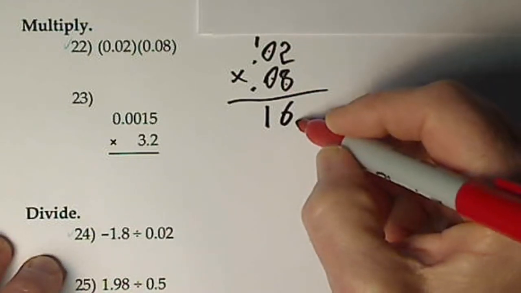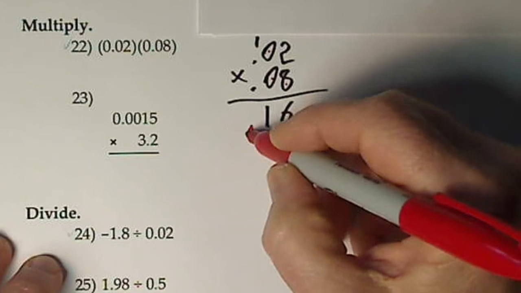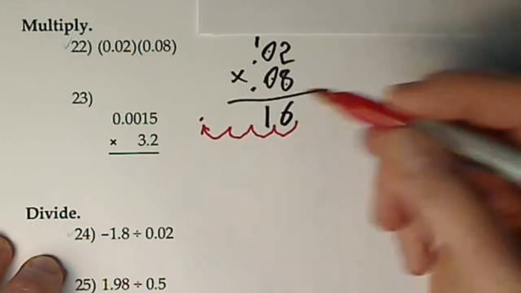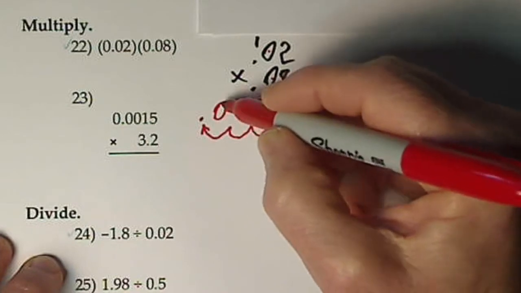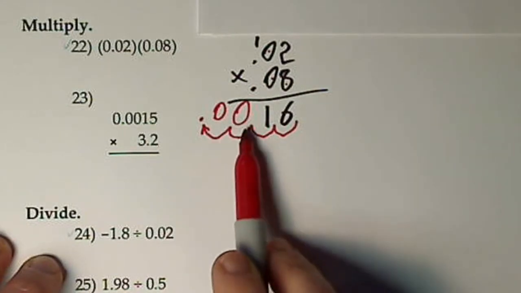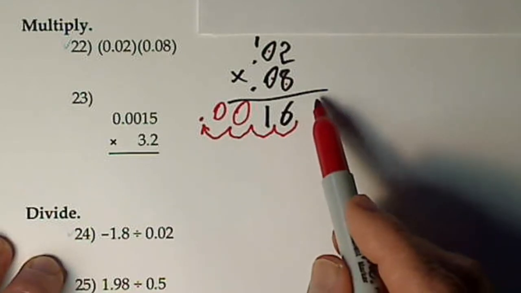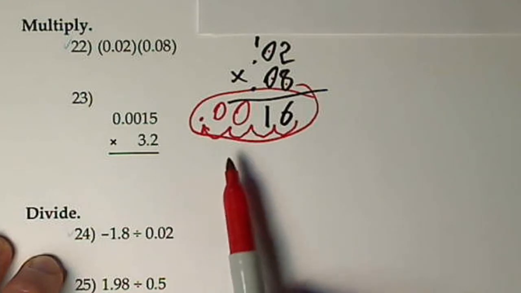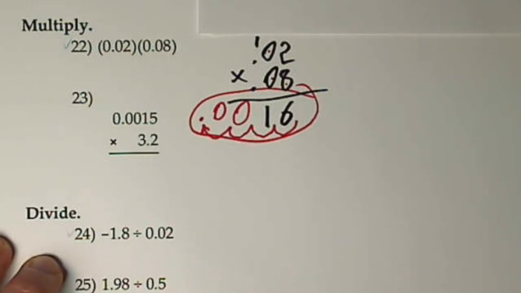So you start here and move in 1, 2, 3, 4 spaces. Put your decimal, and you'll have to hold each space with a 0. Okay, at least you have to hold your blank spaces with zeros. So the final result is 16 10,000ths.